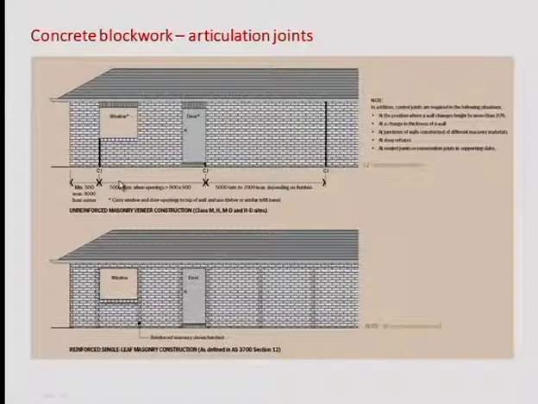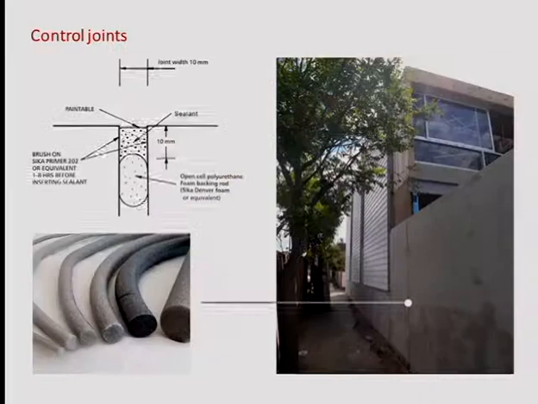That's up to you. It's part of the design, but every 6 meters, so let's say 5 to 7 meters, that's what they say here, you really need to make sure that there are these type of articulation joints. And when you have this single leaf masonry construction, you also add reinforcement inside. And in that case, you don't need the control joints.